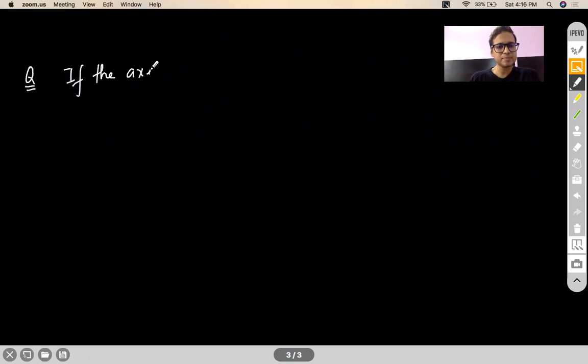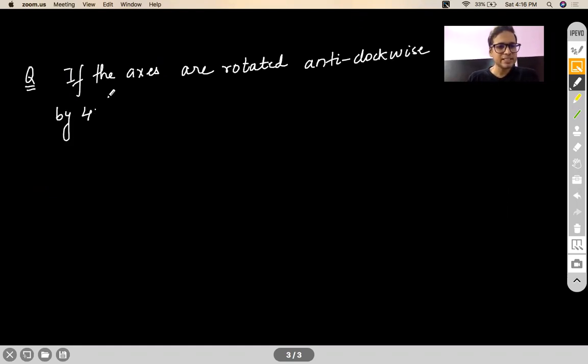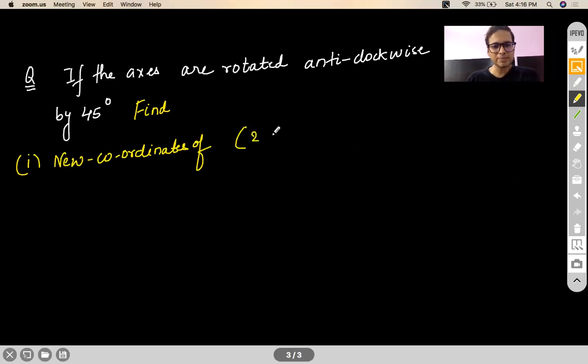The question is, if the axes are rotated anti-clockwise by 45 degrees, find number one, the new coordinates of 2 comma 3.